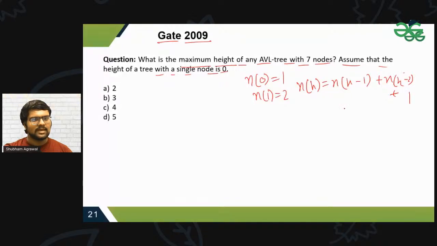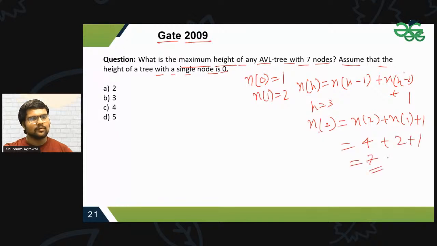So if we put h equal to 3, it gives us n of 2 plus n of 1 plus 1, and n of 2 value was 4, and n of 1 value is 2, and plus 1. So the minimum number of nodes for height equal to 3 was 7. We saw this when we studied the formula, and we know that with height 3, the minimum number of nodes will be 7.